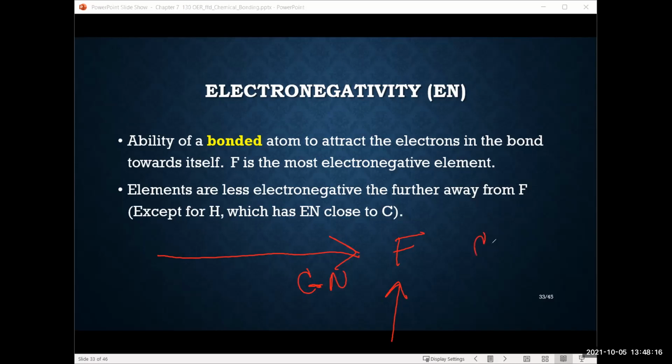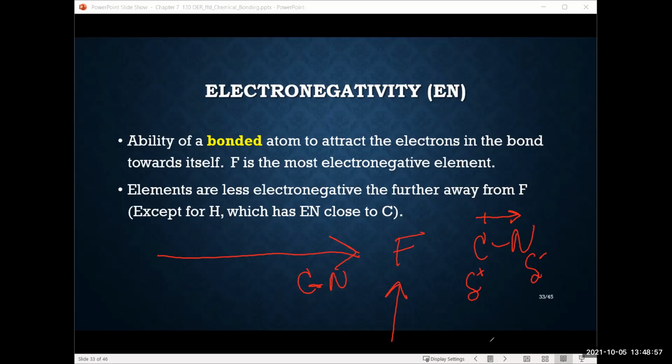So for a carbon-nitrogen bond, nitrogen is much closer to fluorine than carbon is. Therefore, it's obviously a polar bond because they're two different elements, but we draw the polar arrow from left to right, because nitrogen is pulling the electron density onto itself much more than the carbon. And we draw the partial negative on the side of the nitrogen, and a partial positive on the side of the carbon, okay?